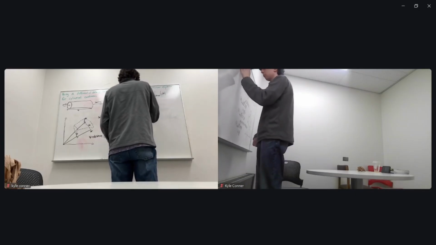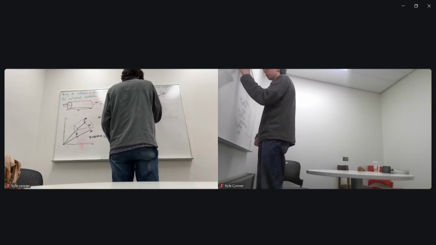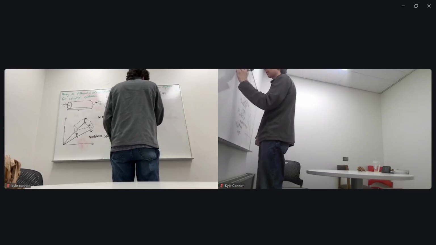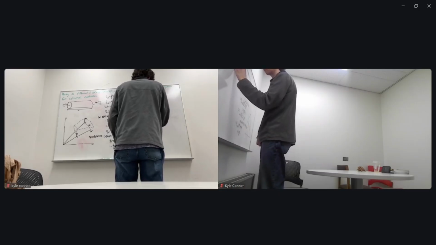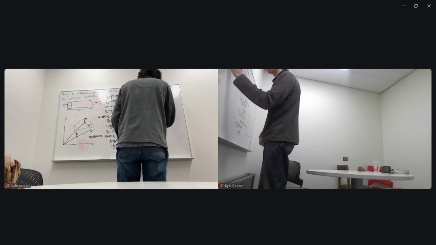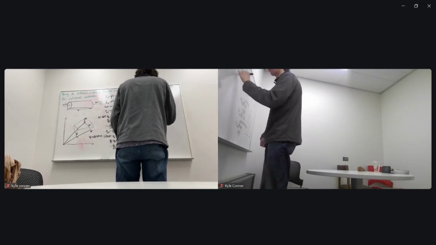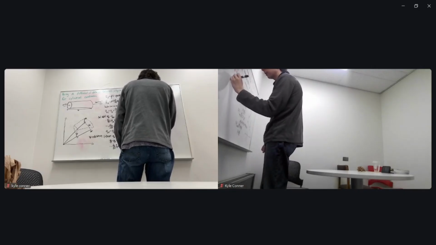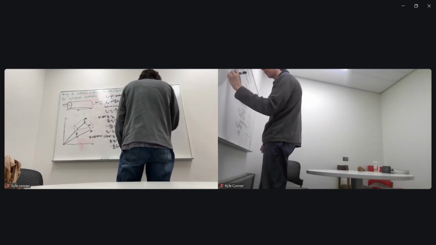So our net heat flow is equal to q theta minus q at theta plus d theta. Putting that equation in, cancel those out, simplify this down. So we'll have negative dq theta over d theta times d theta.